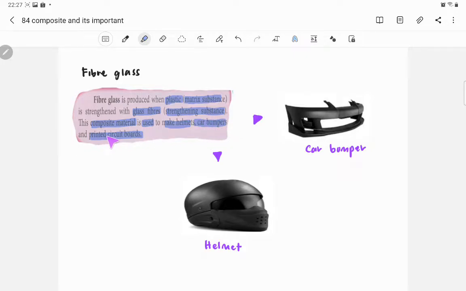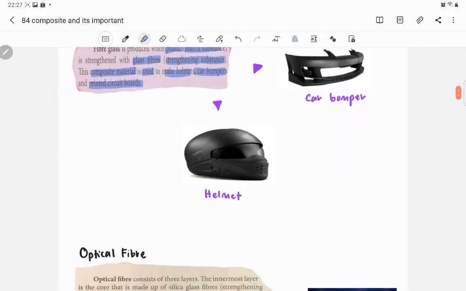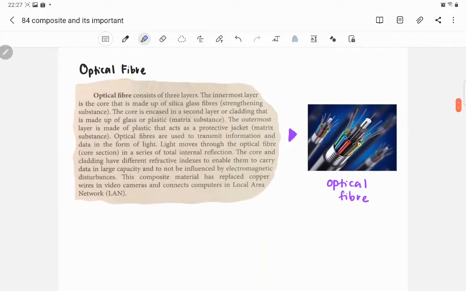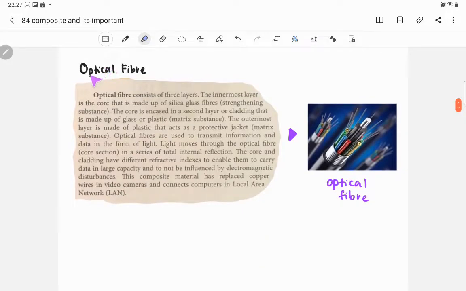The printed circuit board, PCB, is used widely in our smartphones, computers and so on. You need to remember that for fiberglass, the matrix substance is plastic and the strengthening substance is glass fiber.